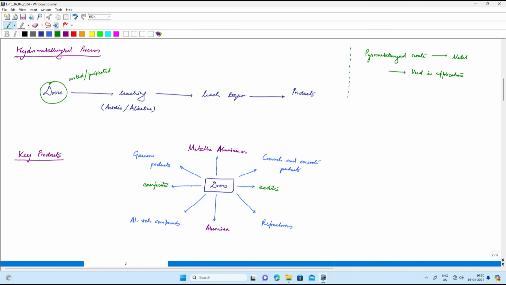So when we have dross like this, we subject it to leaching operation, which is the first step. We've already studied this. The first step of the hydrometallurgical process, after pre-treatment, we leach it, and we can choose our reagent, acidic or alkaline, and we get leach liquor and of course the residual solid.